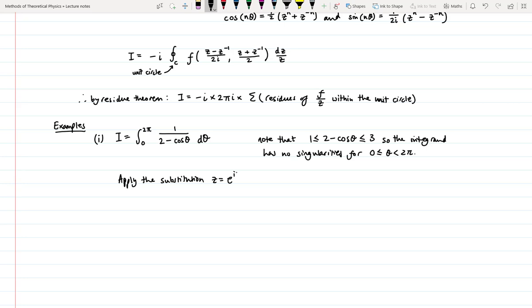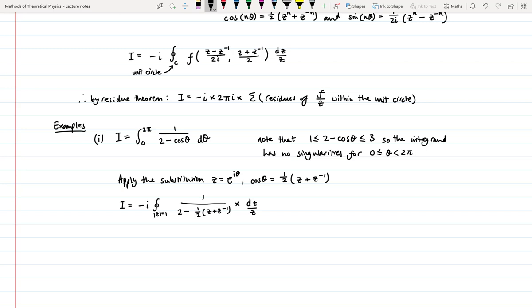Setting z equal e to the i theta, we know that cos can now be written as a half z plus z to the minus 1. And plugging that in, our integral becomes, and looking at the line towards the top of the page, minus i, the integral around the unit circle of 1 over, and then we have 2 minus cos theta, which is a half z plus z to the minus 1, and then this is times dz over z.